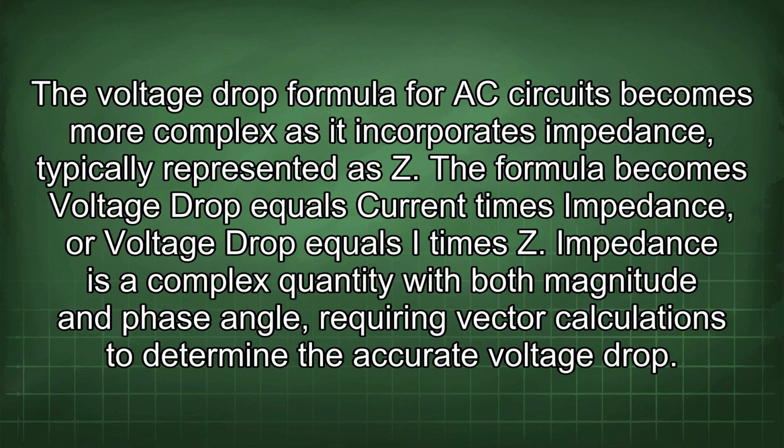The voltage drop formula for AC circuits becomes more complex as it incorporates impedance: voltage drop equals current times impedance, or V equals I times Z. Impedance is a complex quantity with both magnitude and phase angle, requiring vector calculations to determine the accurate voltage drop.